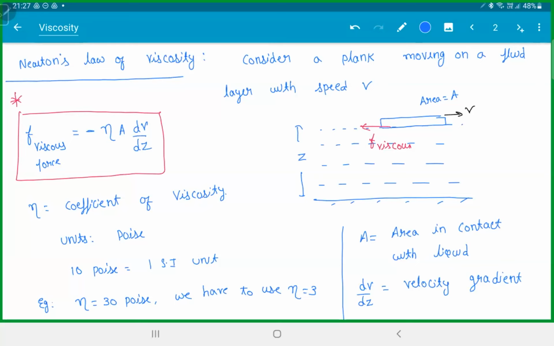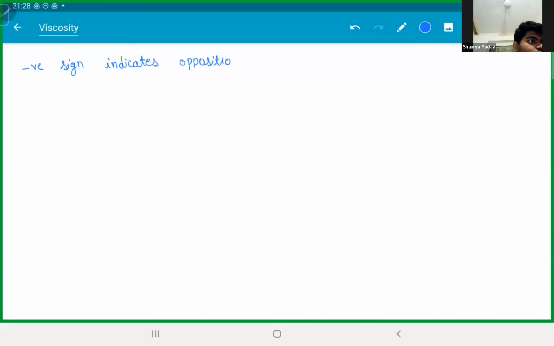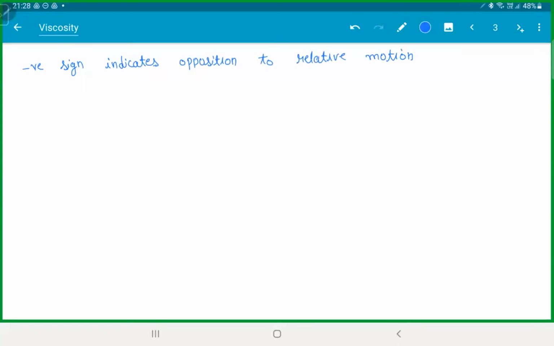Now, what does this minus sign indicate? The negative sign indicates opposition to relative velocity. Understand one thing: all viscous forces, friction and everything, they don't oppose velocity. They always oppose relative motion. Then, what is this dv by dz?